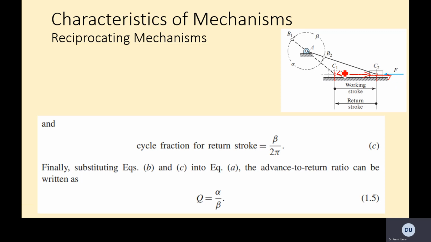This is the point where we are actually getting useful work. When it's going back in this direction, the return stroke, we are not taking any work output. In the same way, a 4-bar linkage is required to do work when we have the highest mechanical advantage during that phase.